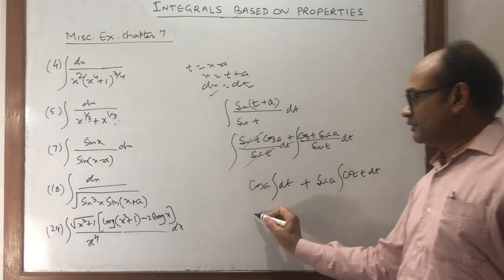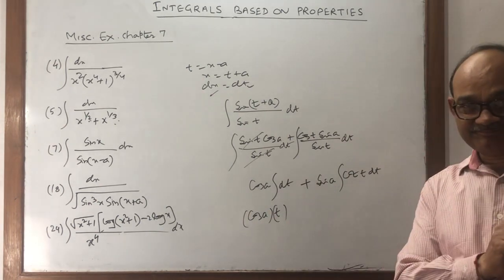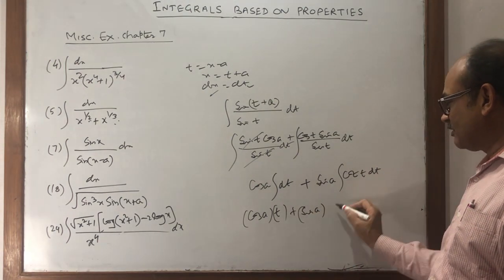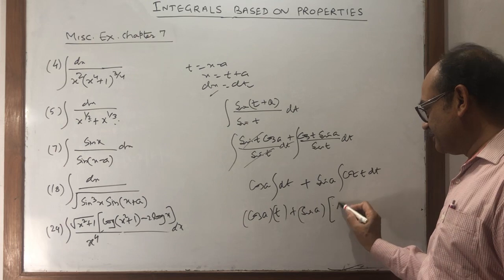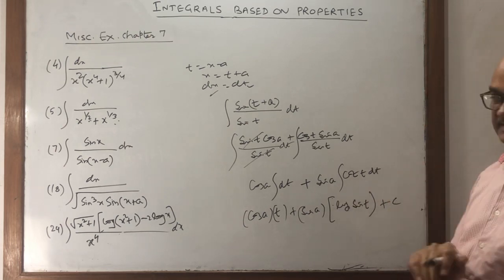Now we know cos a integral of dt means t and sin a as it is, and integral of cot t, you know, log sin t plus c.